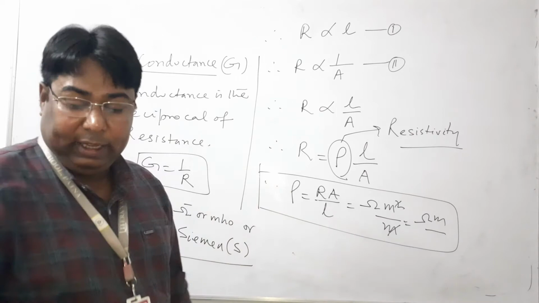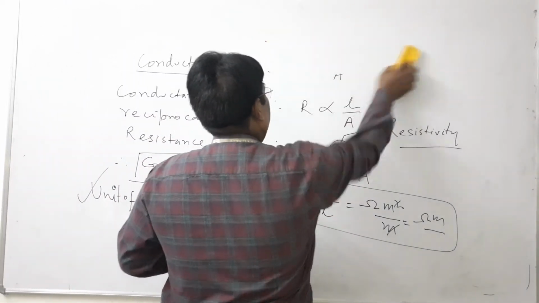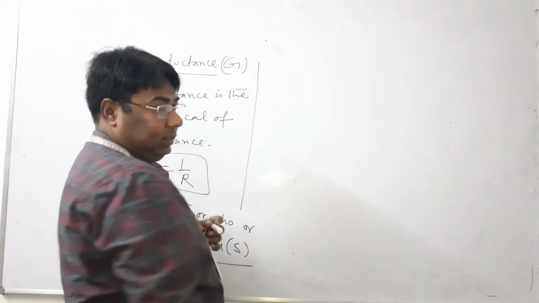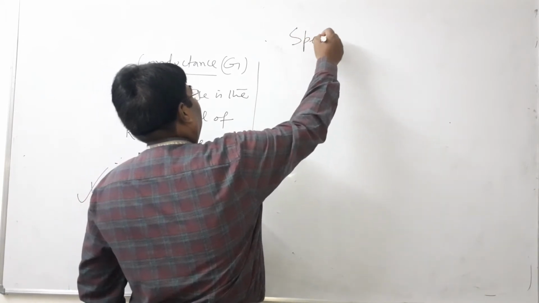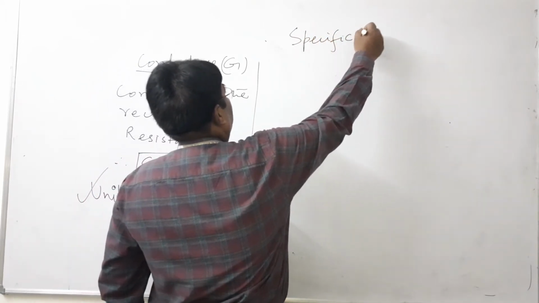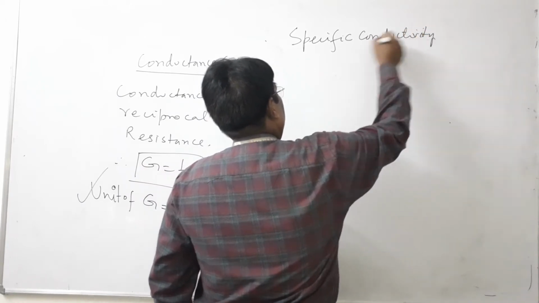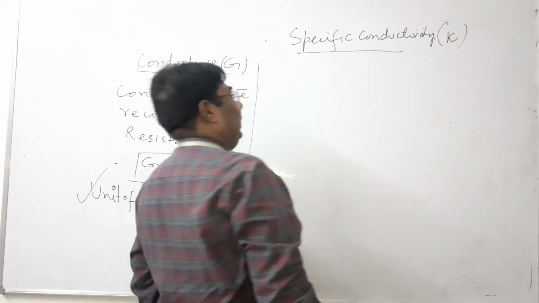Then the other term is specific conductivity, or simply conductivity. It is represented by kappa, K in italics.